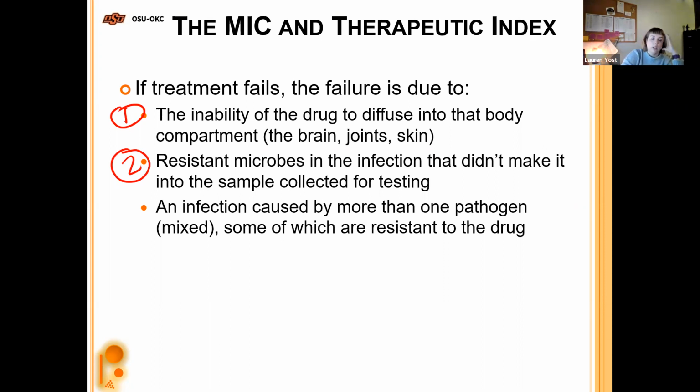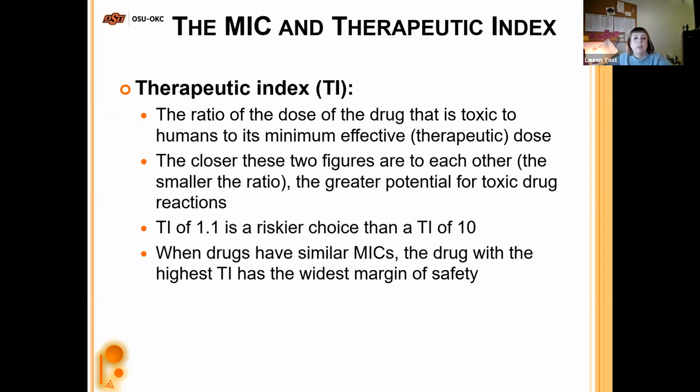That's an example. It might fail because you can't get a good representation every time, unfortunately, depending on the wound. And then an infection could be caused by more than one pathogen. So it could be mixed, and some of those could be resistant to the drug. So those are all possibilities of why that might have failed.